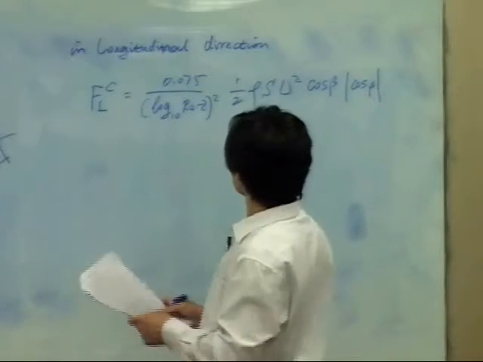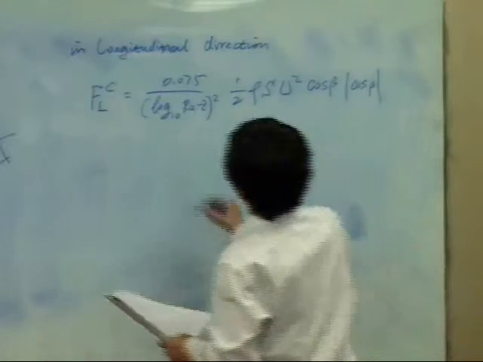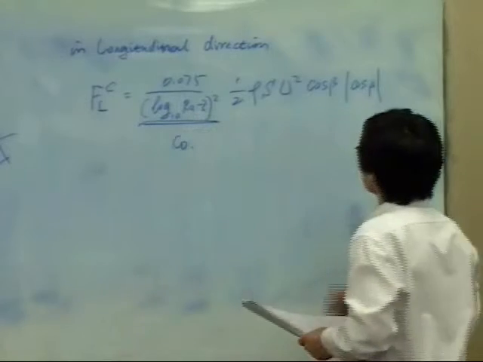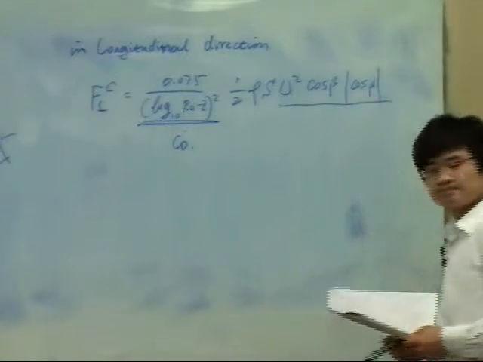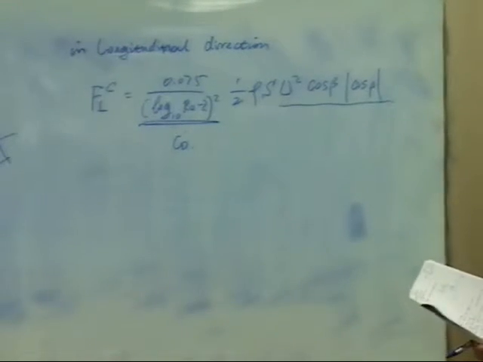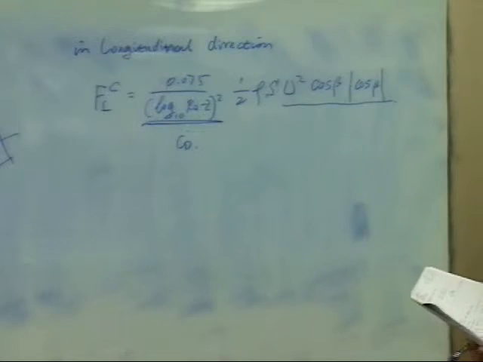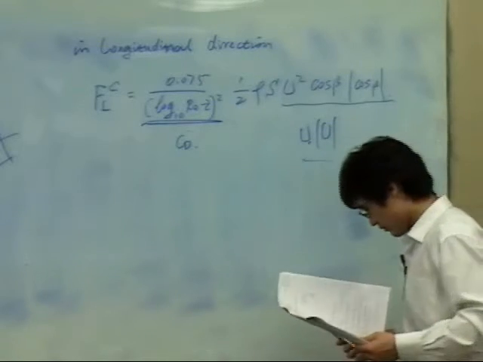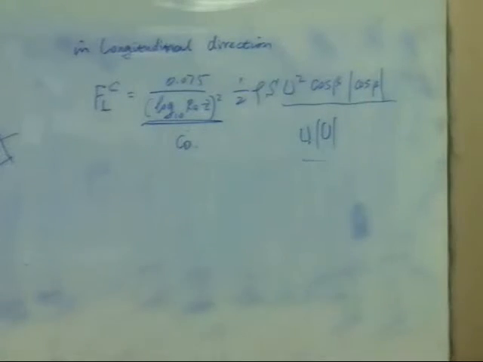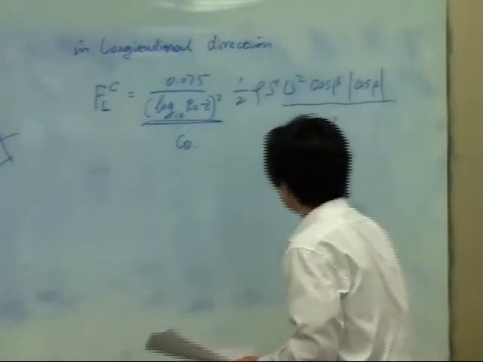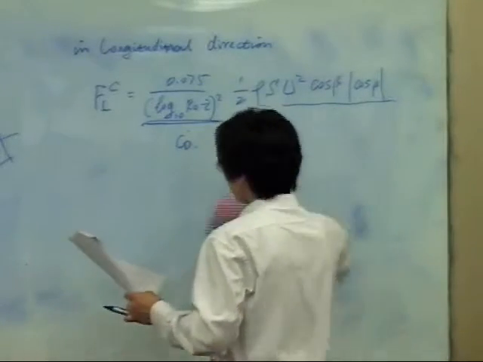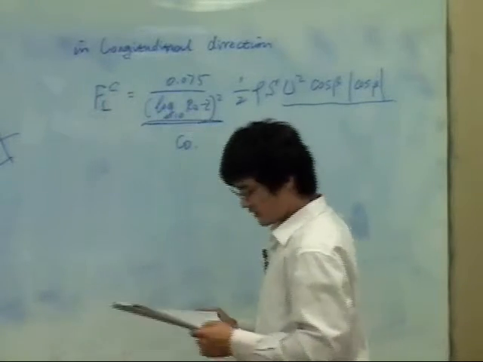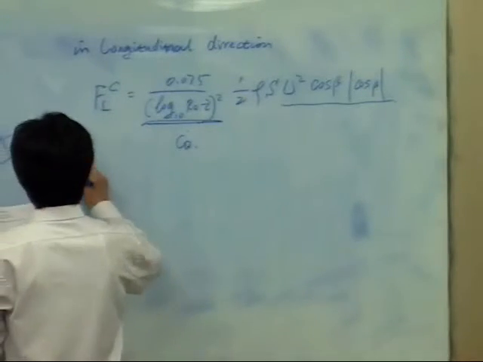This is like CD, right? And this is U, the U in the Morrison equation, right? So all the efforts are put on how to determine this CD.